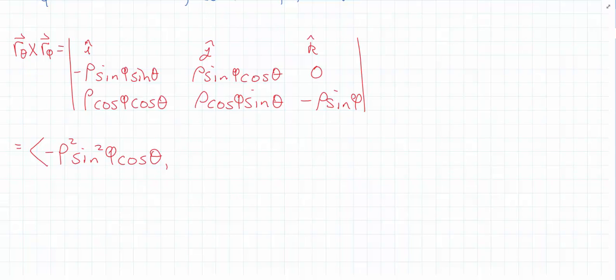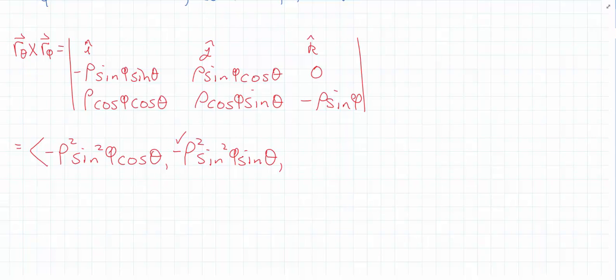Now we take out the middle term, and I just start off with a negative there. I multiply, and I get rho squared sine squared phi sine theta. We get that negative from the fact that the middle term starts off with a negative. We just take the opposite of whatever that product is.